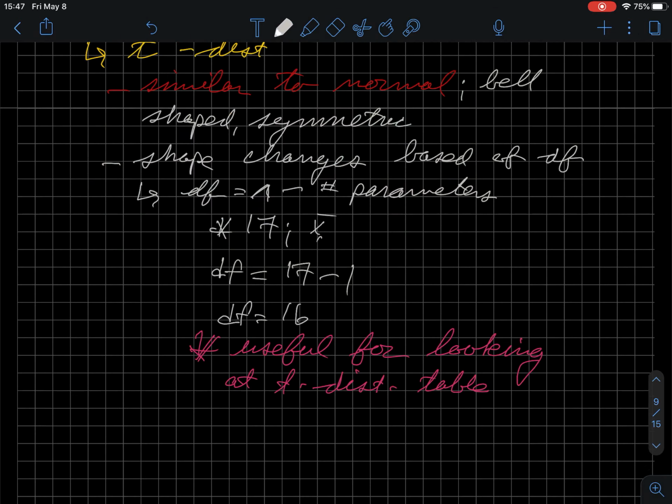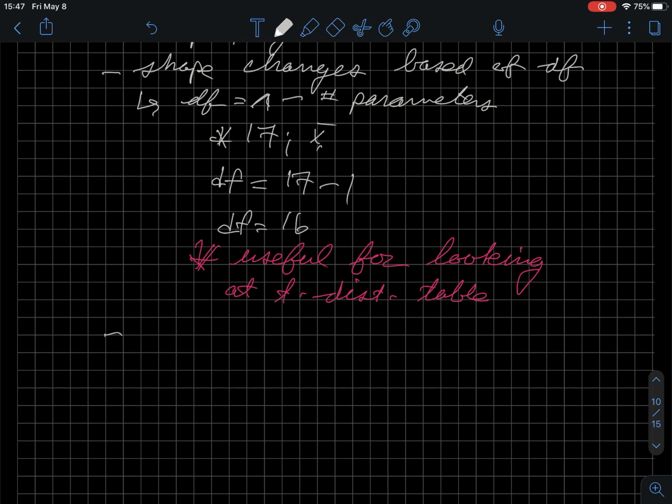The other thing that we should know about the t distribution is that it has thick tails and there's more variability than a normal distribution.